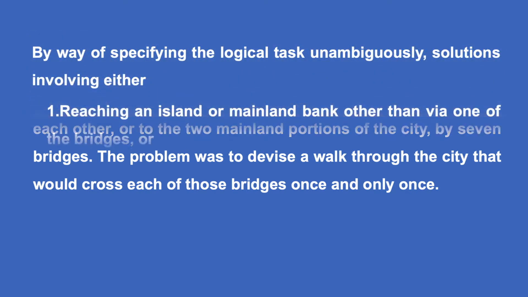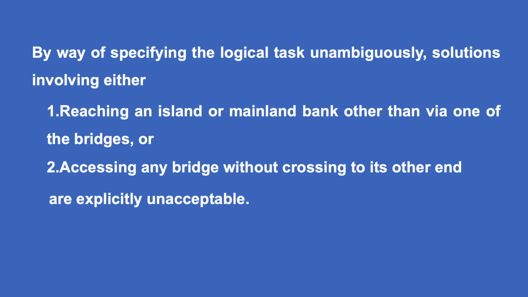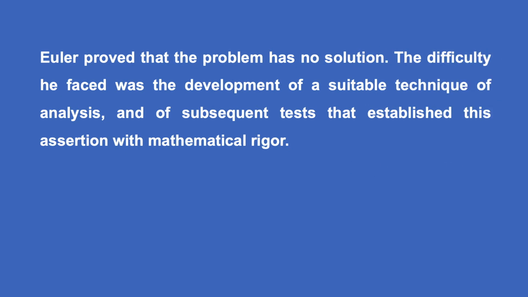By way of specifying the logical task unambiguously, solutions involving either 1, reaching an island or mainland bank other than via one of the bridges, or 2, accessing any bridge without crossing to its other end, are explicitly unacceptable. Euler proved that the problem has no solution.